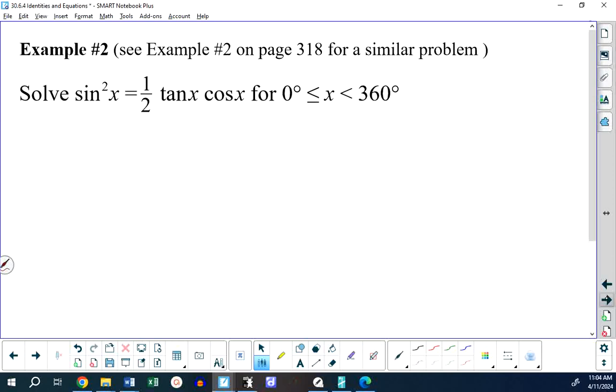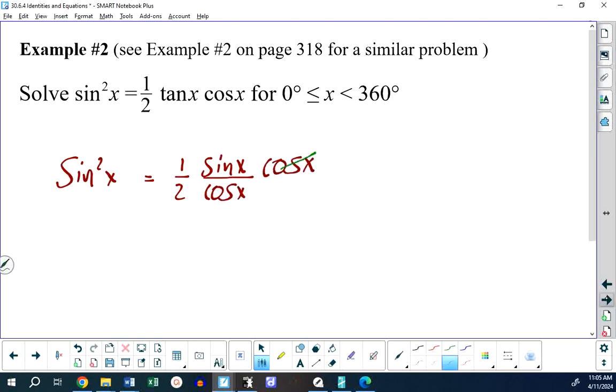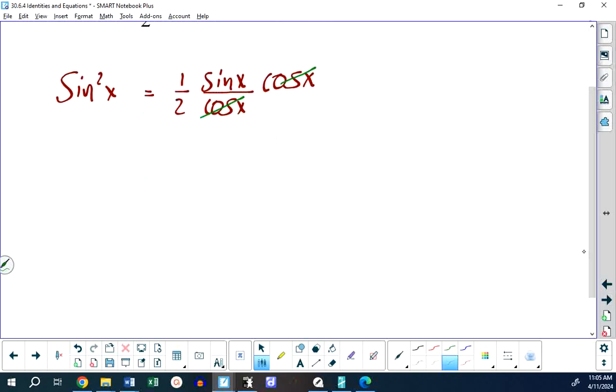Given that the left-hand side of the equation has sines, if we were to rewrite this, right-hand side is 1/2 times sine x over cos x times cos x. Then we can eliminate the cos x's from the equation and have sine squared x equals 1/2 sine x.